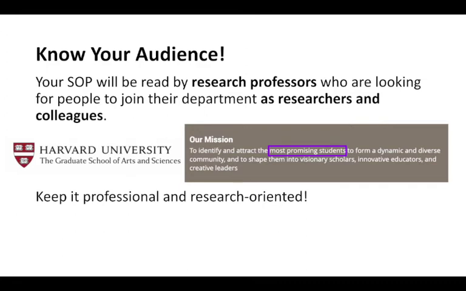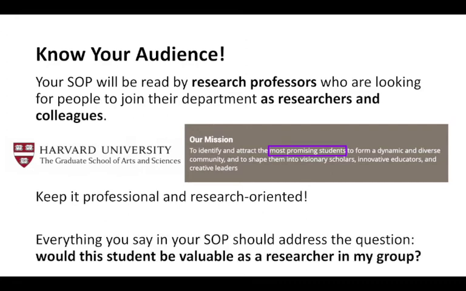No matter if you've done research all three summers, or if you've only been able to dabble in it during the semester, there are many, many ways in which you can demonstrate your promise as a researcher. So try to write your SOP in the most optimistic and enthusiastic way possible, targeted towards demonstrating your promise as a researcher. Of course, if you have accomplishments, beat that drum as hard as you can. But otherwise, look for the best in your own record to put forward, to make your case and advocate for yourself.